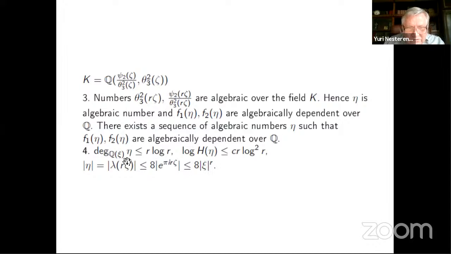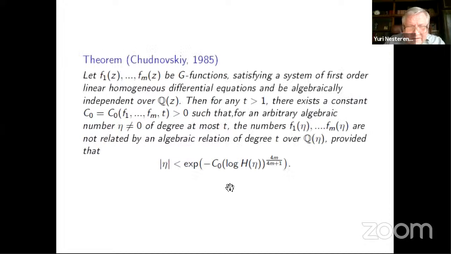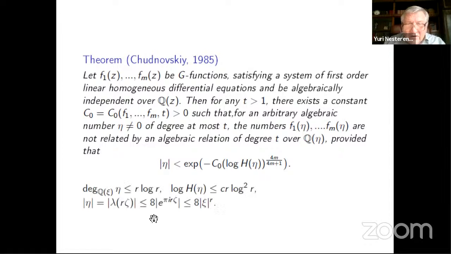These are some bounds for the degree and height of this number in terms of r and the value of this point eta. This is the Chudnovsky theorem again. This is general again, and I want to show how this property is correct if we take R sufficiently large.